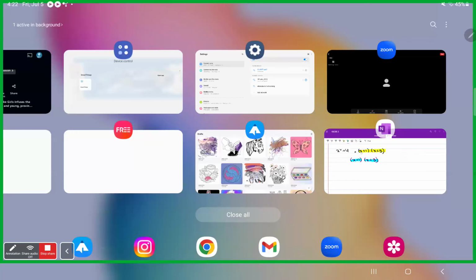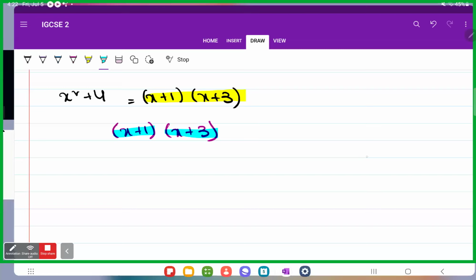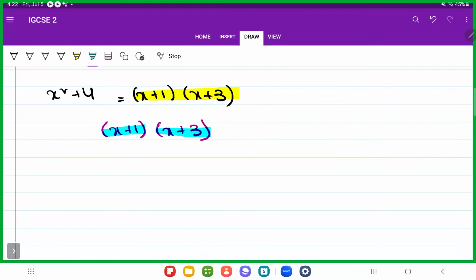Okay. Do you know about multiplication of brackets? Miss, I know how to multiply it, but I don't know how to factorize it. Sasya, Raneem, I will need you to answer. It's an interactive class. Okay, Sasya, can you hear me? Yeah. All right.